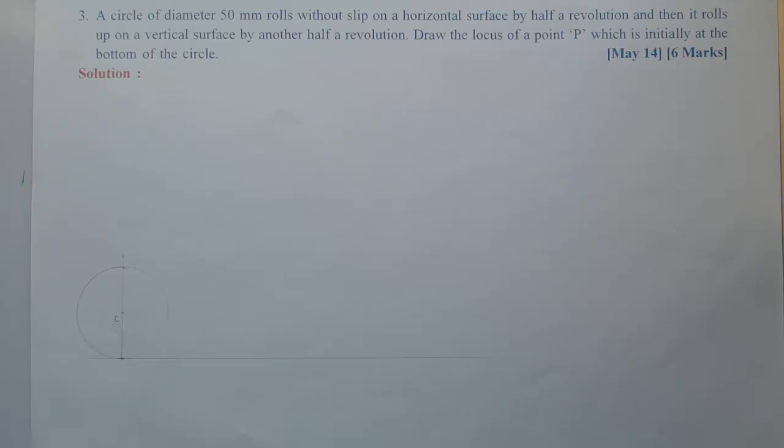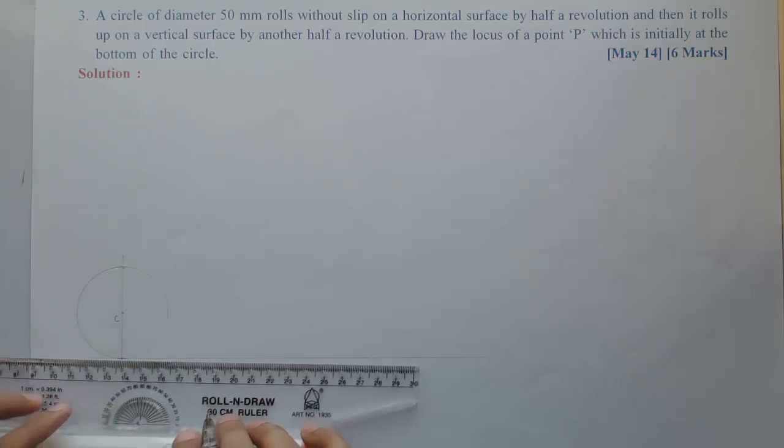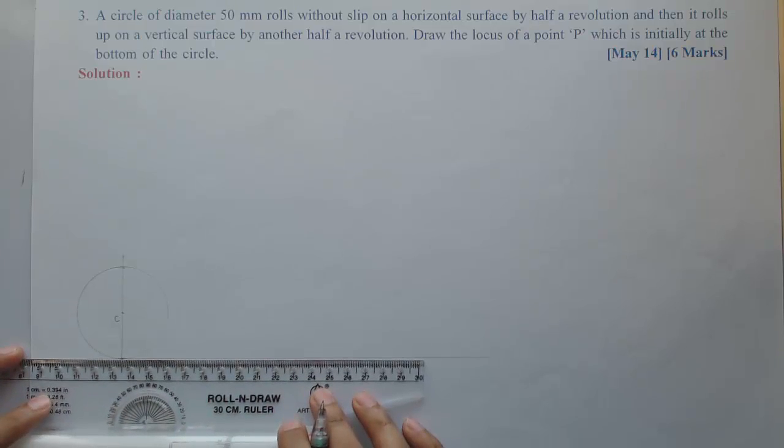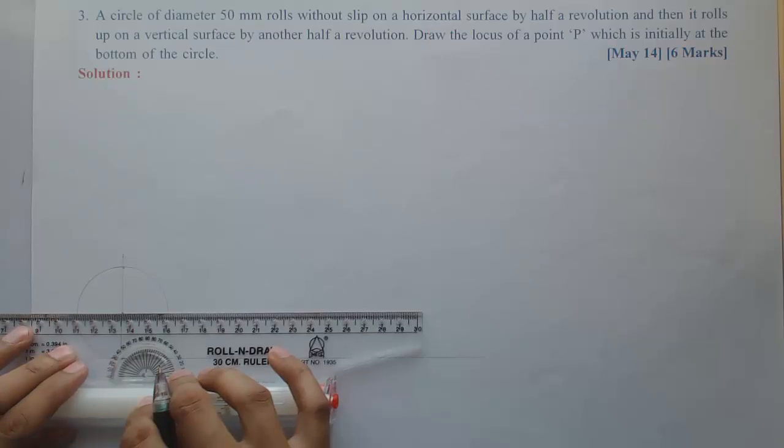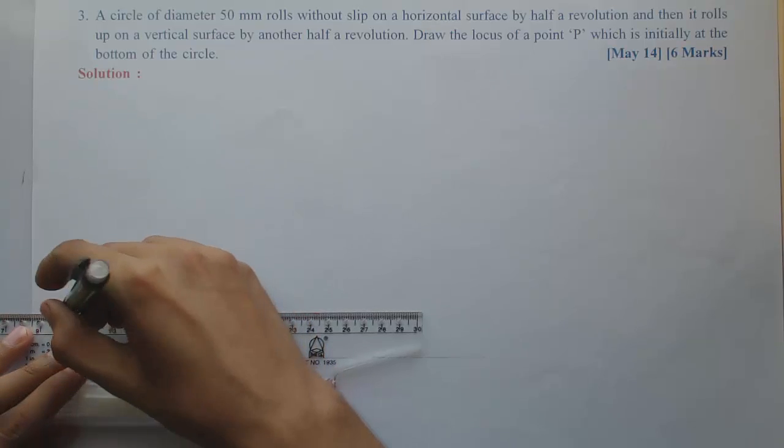Now we need to divide the circle into some equal number of parts. Since the diameter is again less, 50 mm, we will go for 8 parts instead of 12 parts. The first few steps will be similar to the previous two problems, so we will just do it.